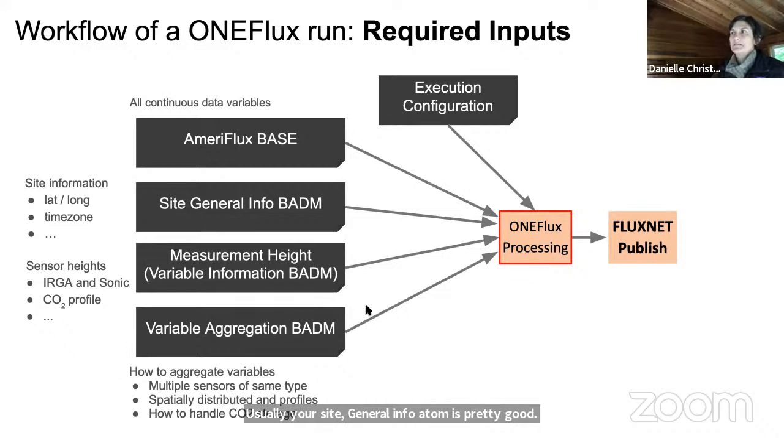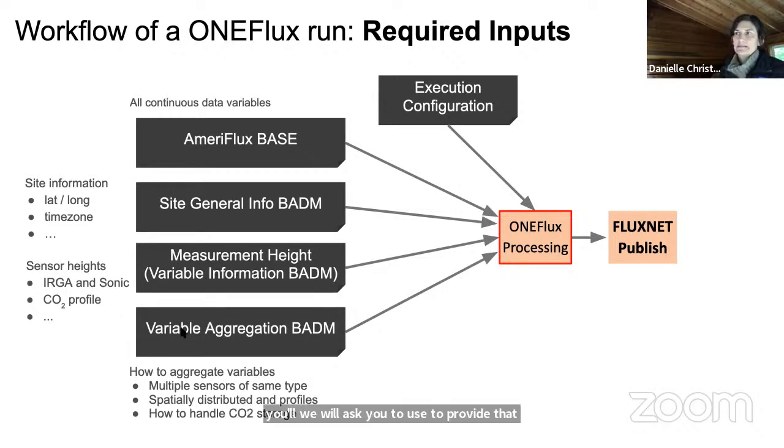But the two key parts that we need your help to fill in are, first, what we call the measurement height information, which is supplied via the variable information BADM. We'll talk about the tool that we will ask you to use to provide that information in a little bit.